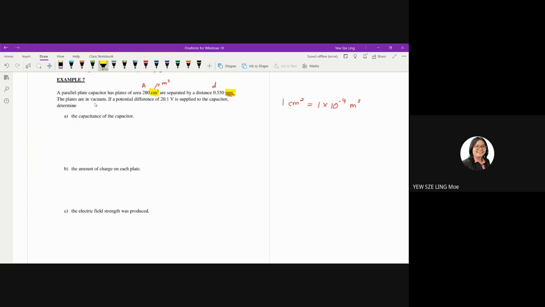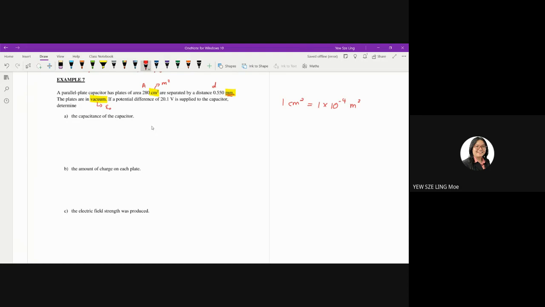So the plates are in vacuum. Why is it important to know whether it is vacuum or not? If it is vacuum, then you can get the epsilon naught from the list of constants. If it is not vacuum, it means you're looking at the permittivity of a dielectric material, which must be mentioned in the question.